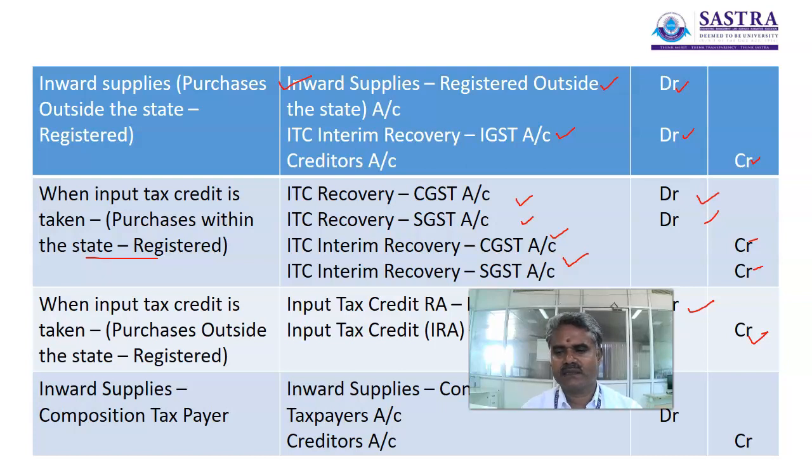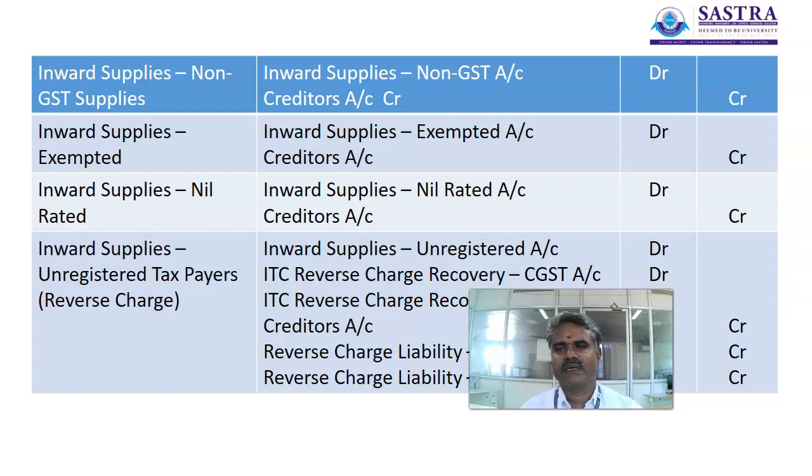Inward supplies, composition taxpayer: inward supplies to creditors. Inward supplies, non-GST supplies. Non-GST means you cannot collect CGST and SGST, so simply you pass the entry for the particular transactions.